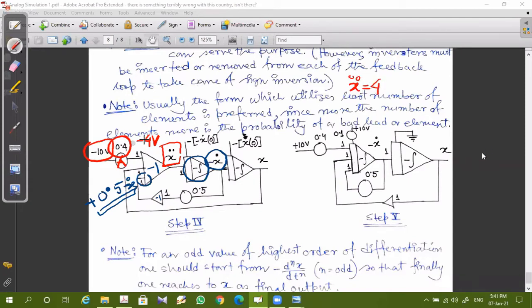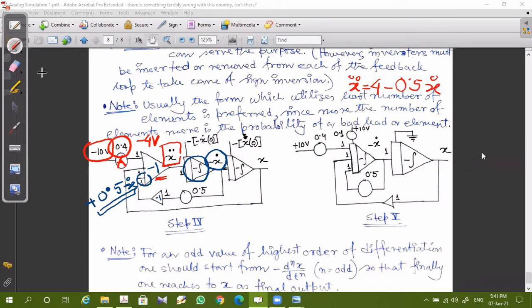Out of this inverter, it will be plus 4 minus x dot. See, minus x dot into 0.5, plus 0.5 x dot. After going through the inverter, it will be minus 0.5 x dot.